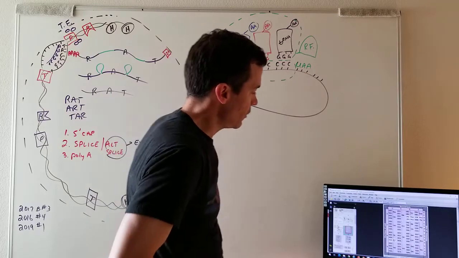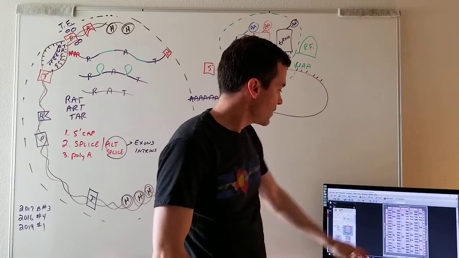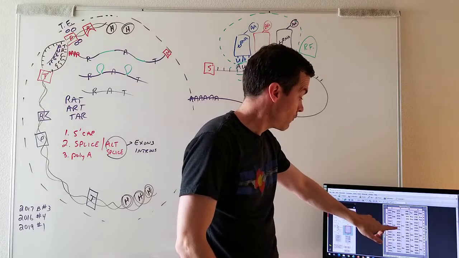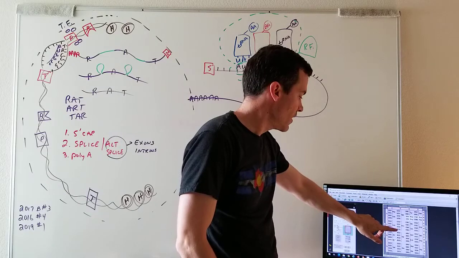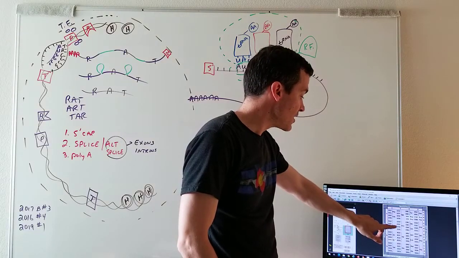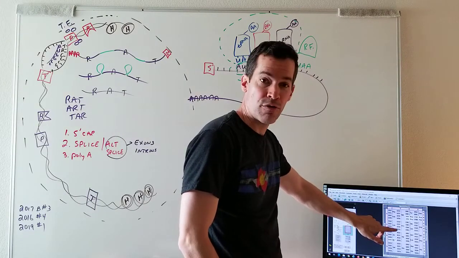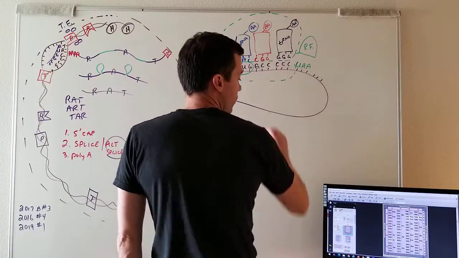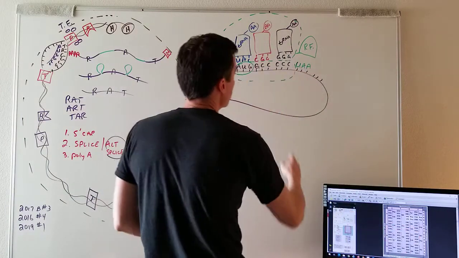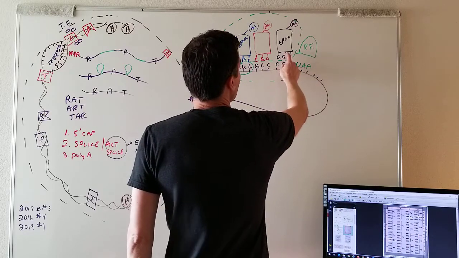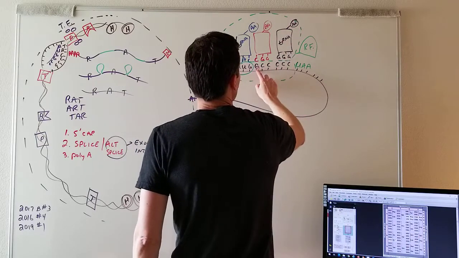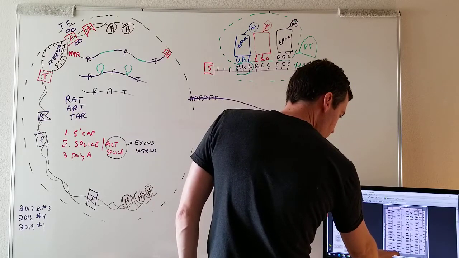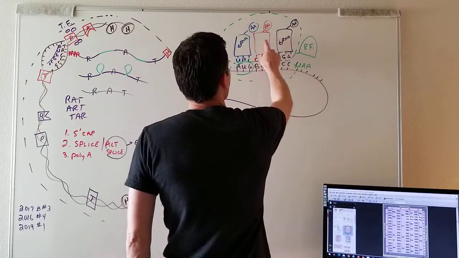Depends on what the mutation is. So if I went back and looked at this chart, CCC codes for proline. CCA also codes for proline. I know you can't read this from where you're at, but CCU, CCC, CCA, CCG all code for proline. GCC is alanine.